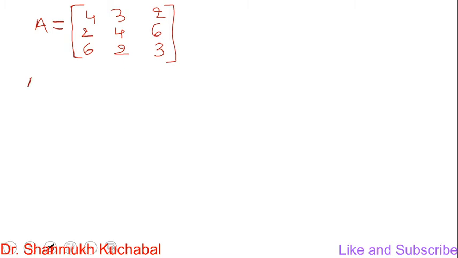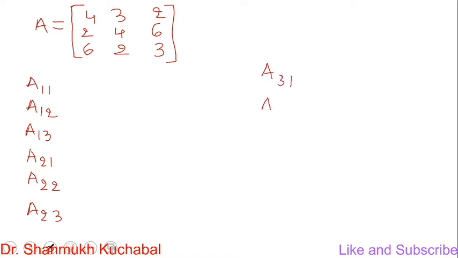So that is A11, A12, A13, A21, A22, A23, next A31, A32, A33.